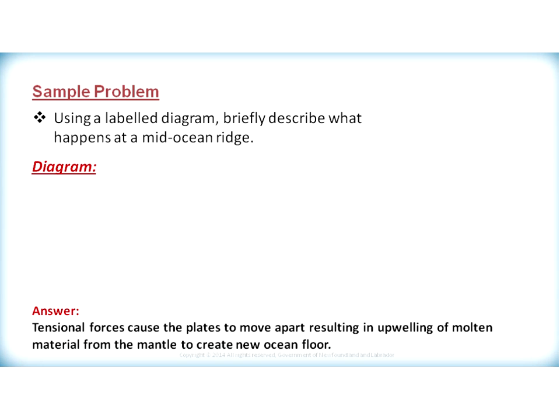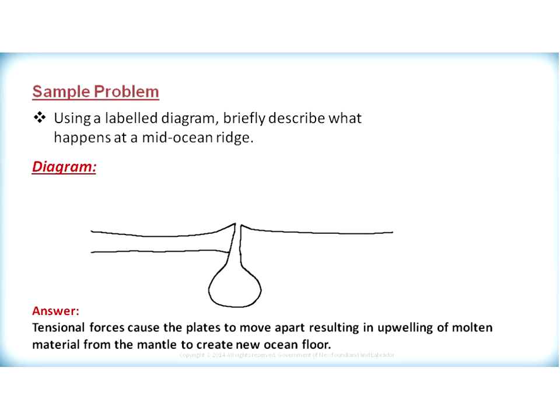So if we look at this in a drawing, we would first start out by drawing the ocean floor and have it move upwards, which represents a ridge. Down in the mantle we would have a magma source, and then you continue drawing the lower edge of the ocean floor.